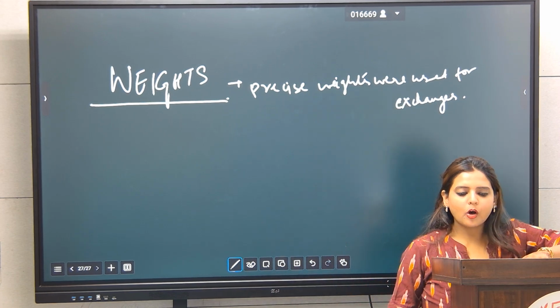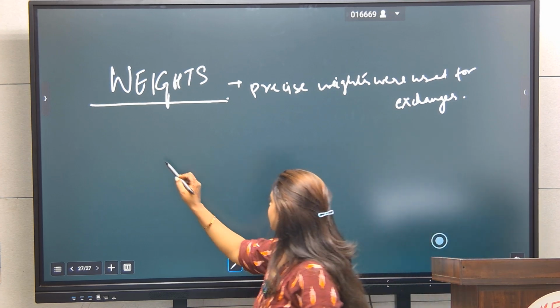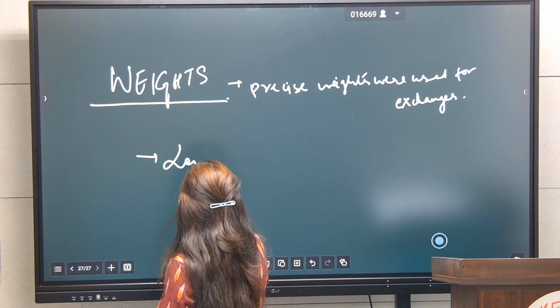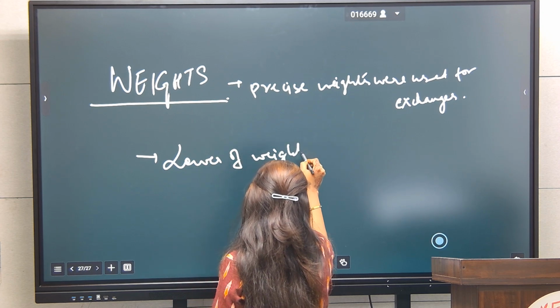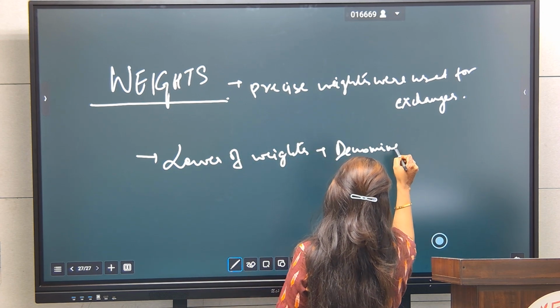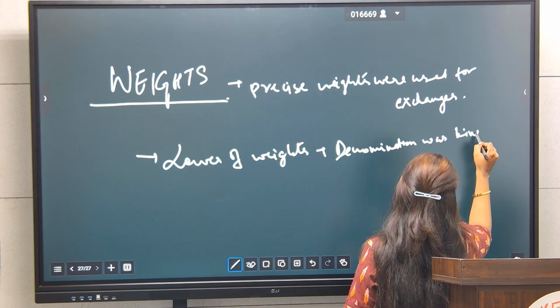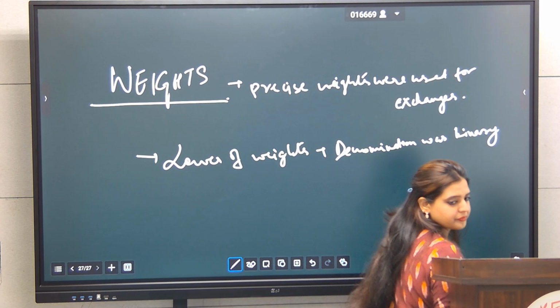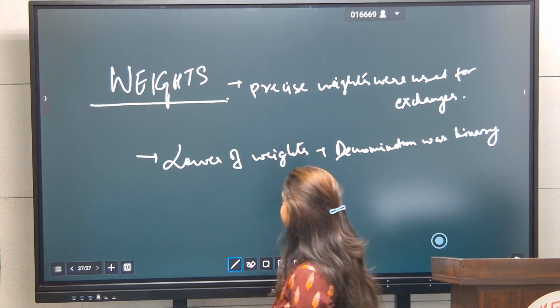The lower denomination of weights was binary. And higher denomination followed the decimal system.